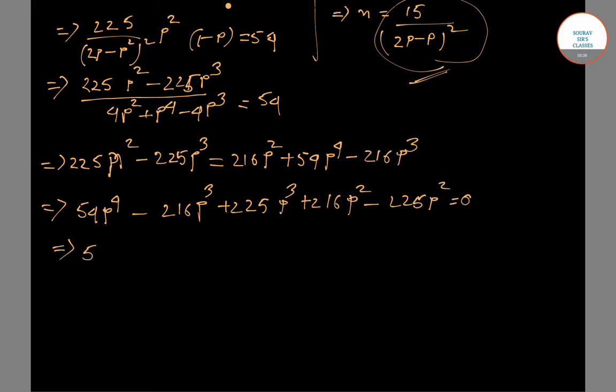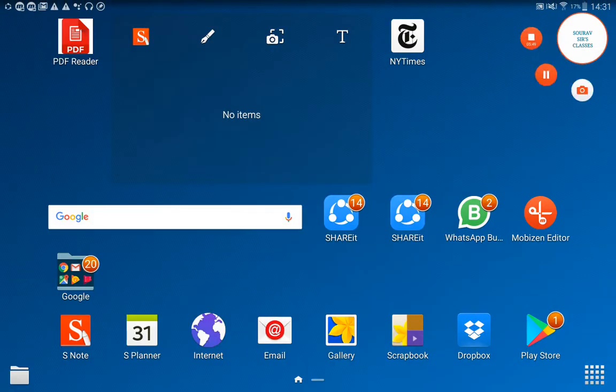Now if you further solve it, you will get 54 p to the power 4 plus 9 p cube minus 9 p square. So now if you further solve it, it will be np square equals 0.